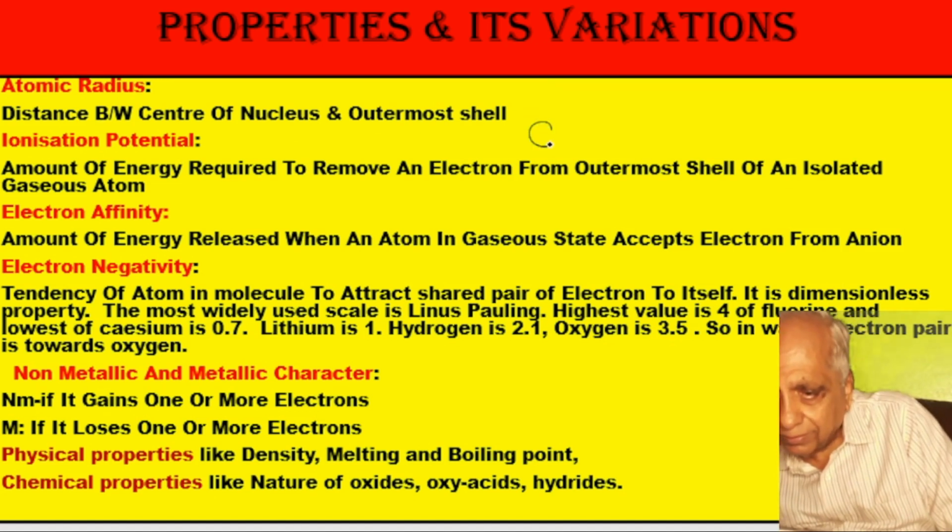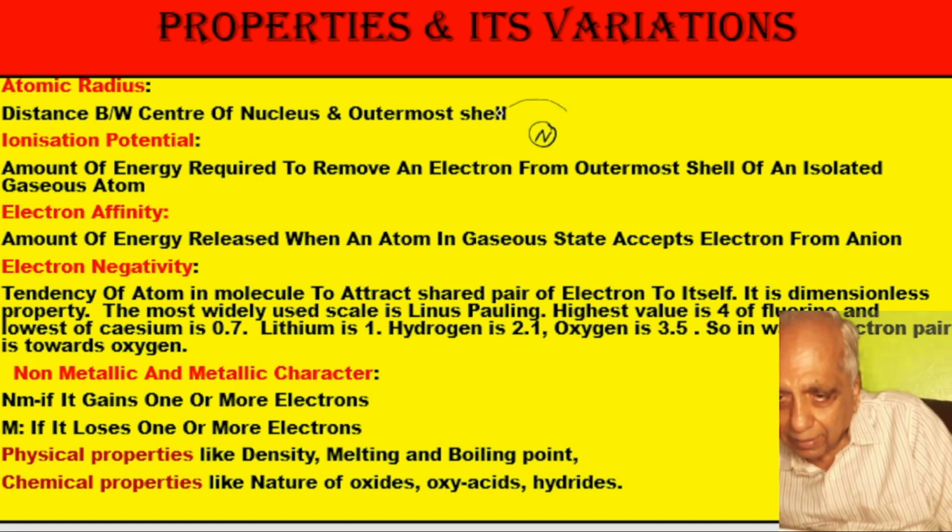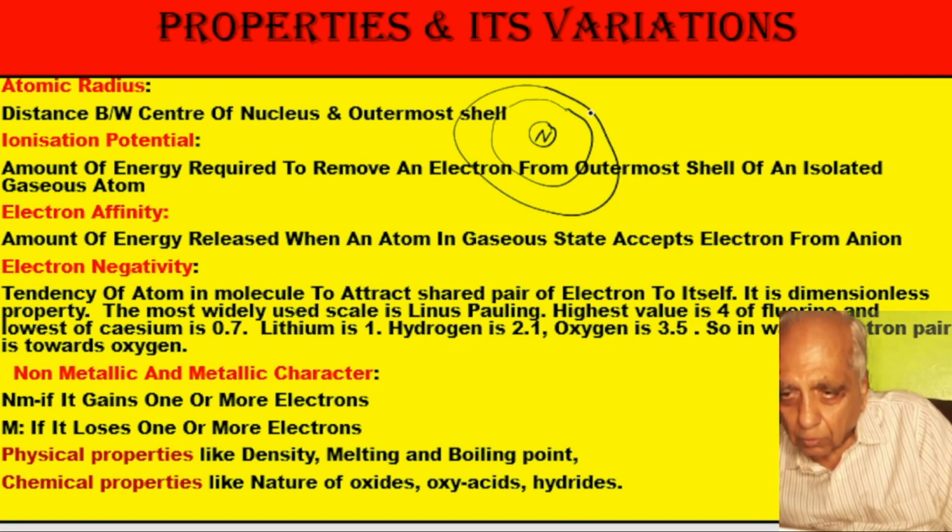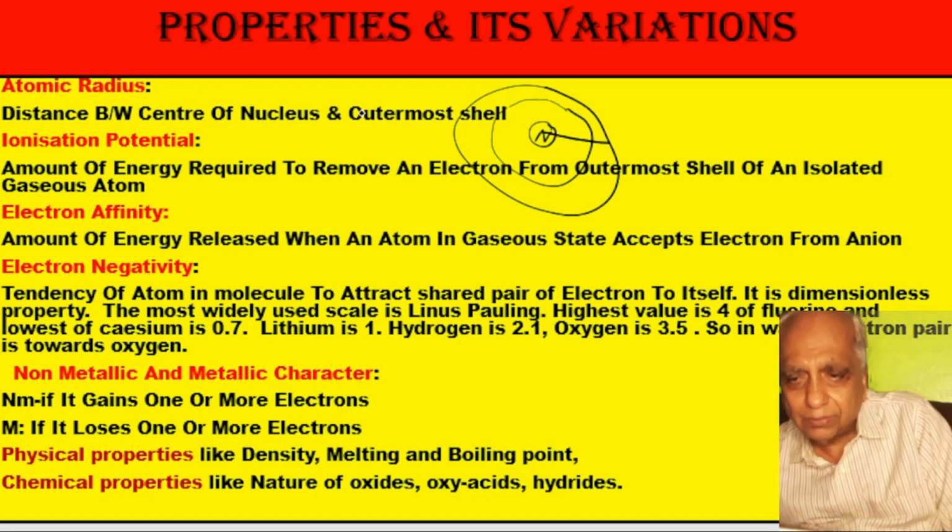So see, this is my nucleus, and electrons are rotating in various orbits. The last orbit is called the outermost orbit. The distance from the center of this nucleus to this outermost orbit is the atomic radius.